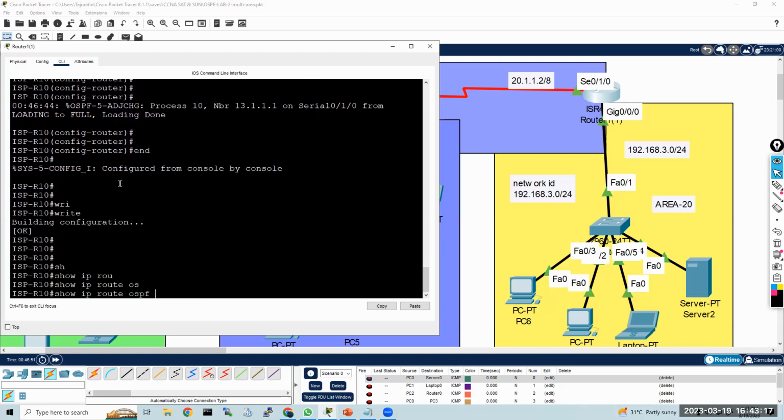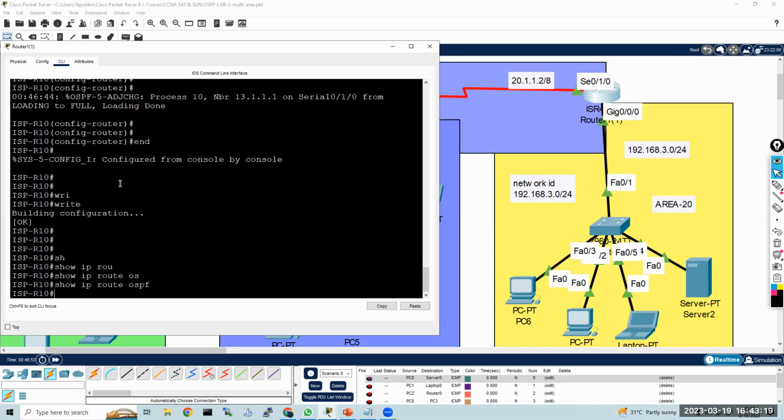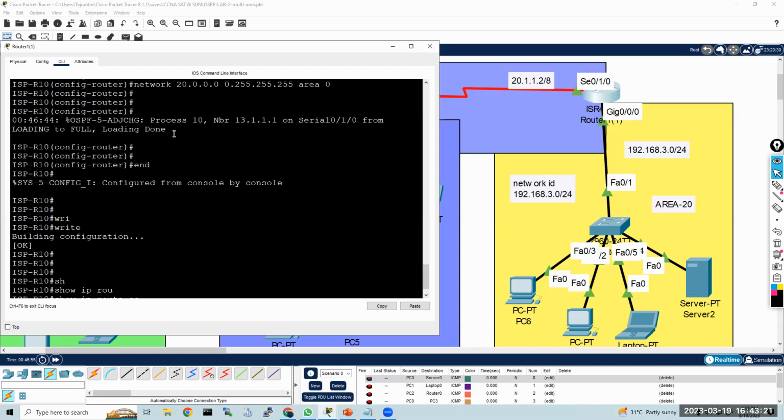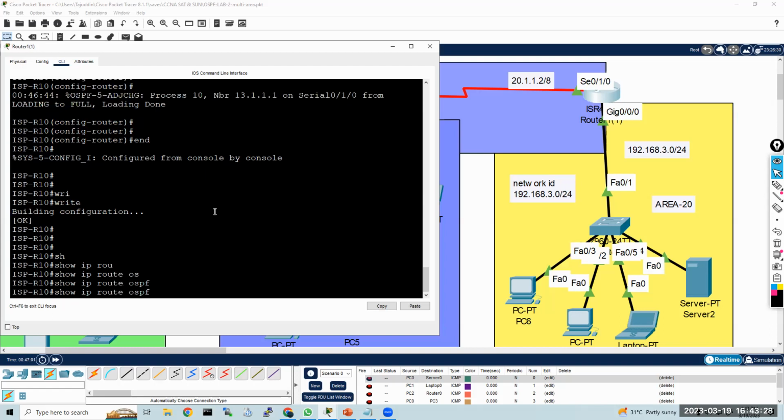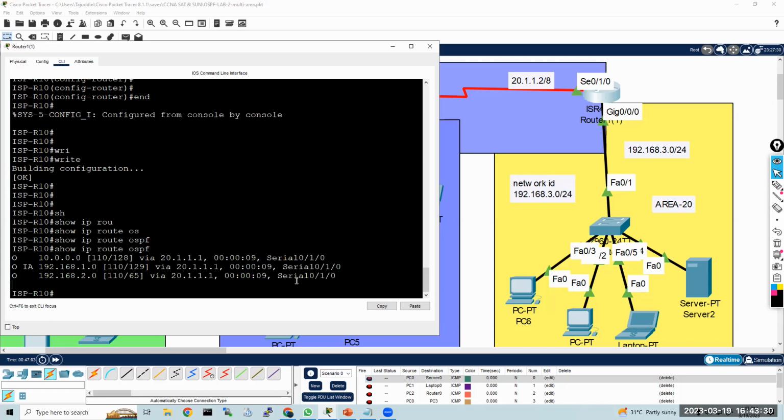Show IP route OSPF. It is loading something, can you see? Now it is coming. Why? You can see, right? All it has learned.